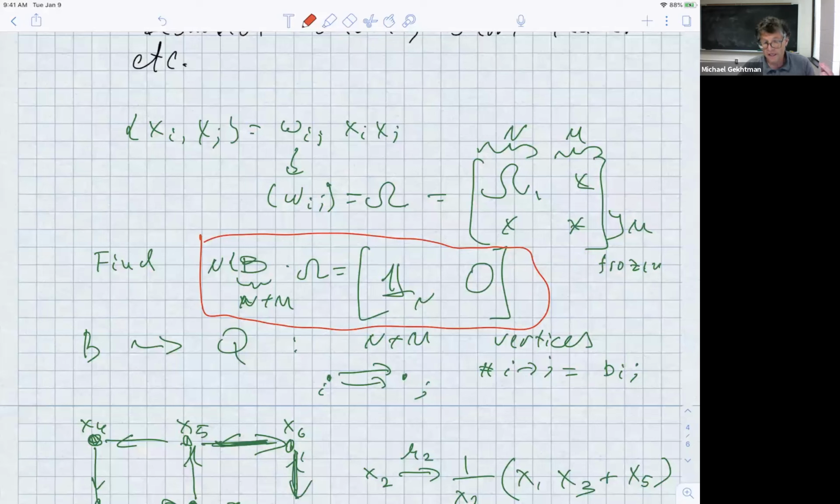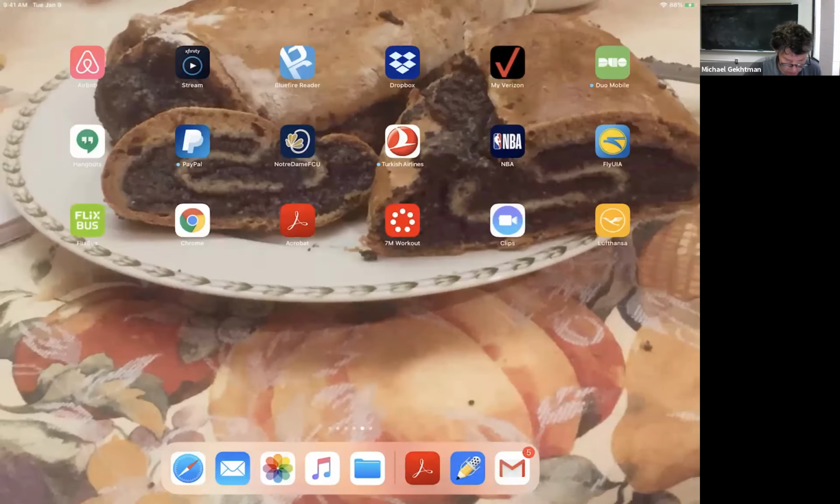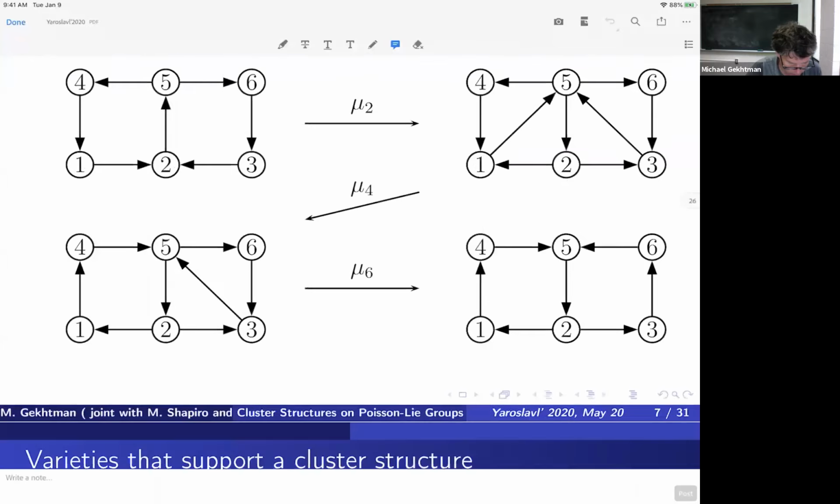Because in addition, remember, I also wanted all my variables to be homogeneous with respect to toric action. So if I combine that with the property of log canonicity, then the quiver can be restored uniquely. So maybe it will become more clear if I return now to our example.